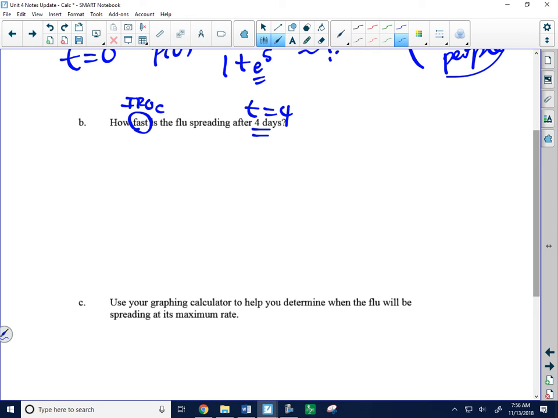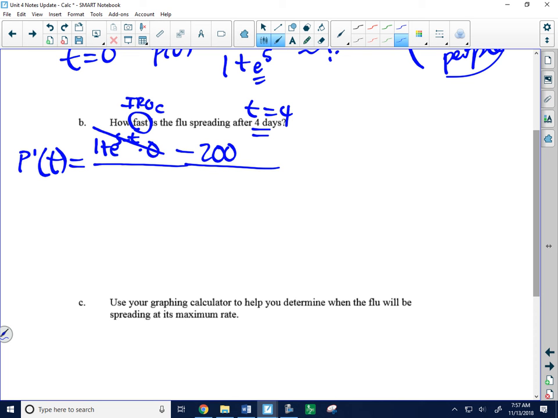So let's do the derivative. So I'm going P prime of T. Now this one, 200 over the 1 plus e to the 5 minus t. Certainly a fraction, quotient, so I'm going to do quotient rule. So I'm going to do low, 1 plus e to the 5 minus t, d high is 0, derivative of 200, minus high, which is 200, and then d low.